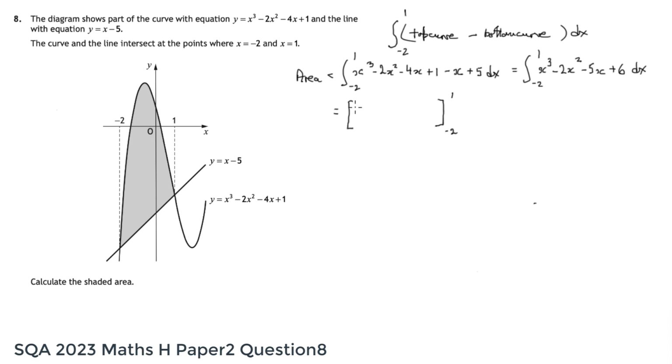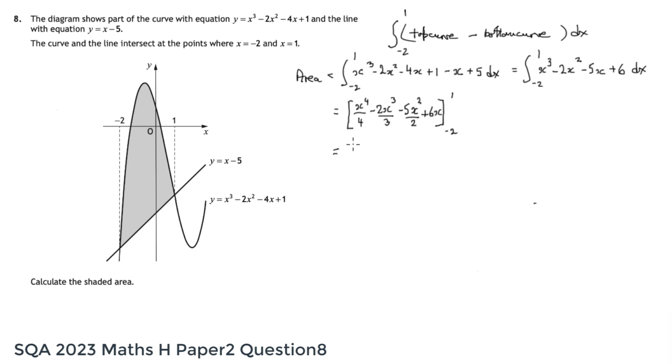So remember, the integration, you increase the power by 1 and divide by the new power. -2 at the front, you increase the power by 1 and divide by the new power. -5 at the front, x to the 1, increase the power by 1, it'll become x squared over 2. And then 6 becomes 6x. So there's the integration.